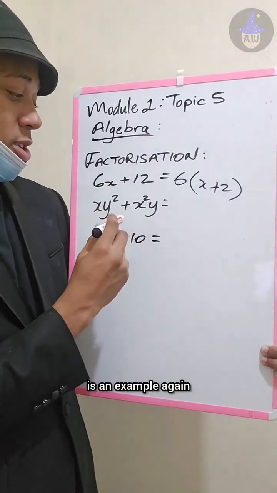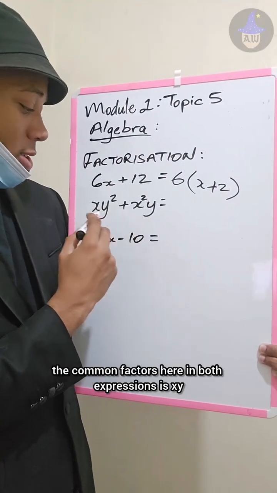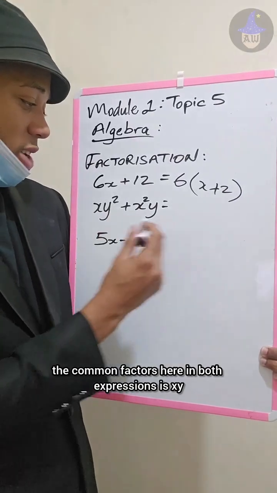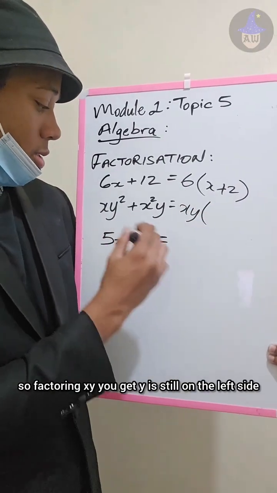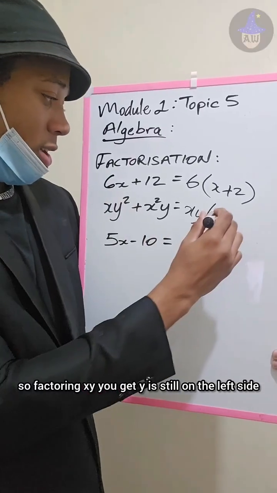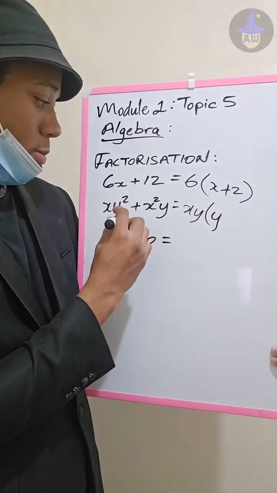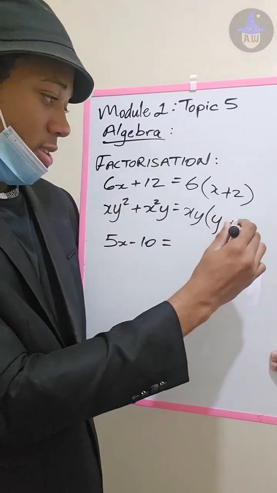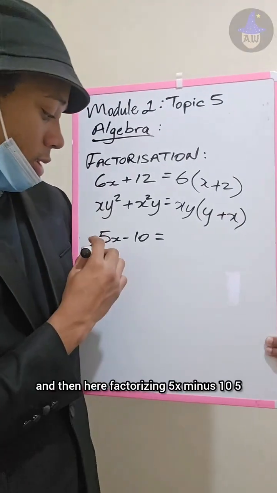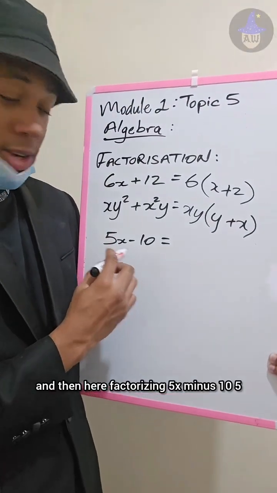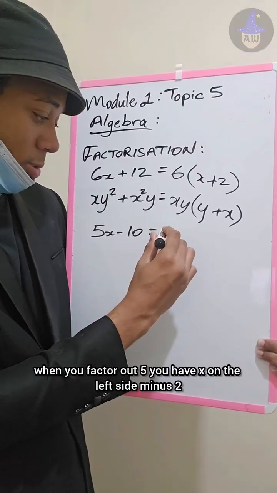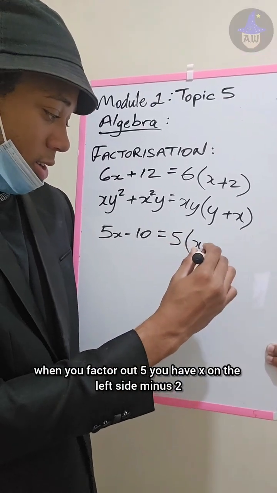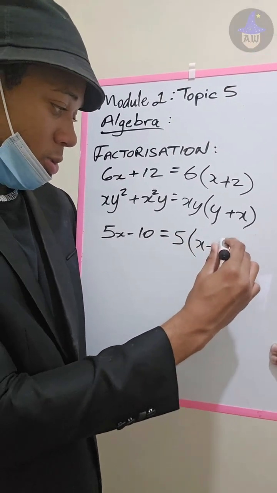This is an exam question. The common factor in both expressions is xy. So factoring out xy, you get y on the left side plus x on the right side. And then here, factorizing 5x minus 10. 5 is common in both terms. So when you factor out 5, you have x on the left side minus 2.